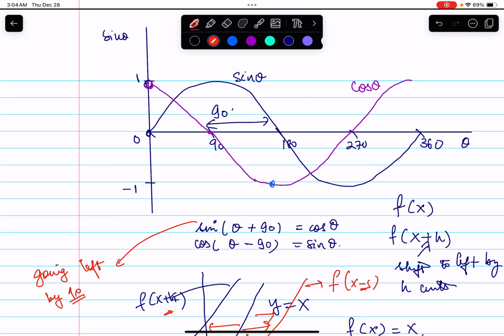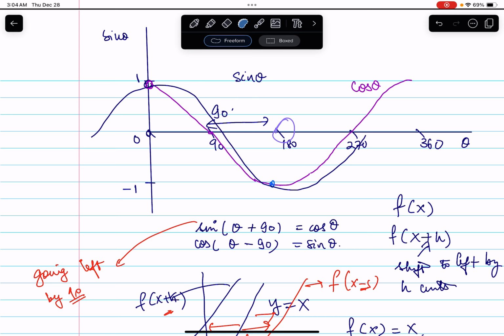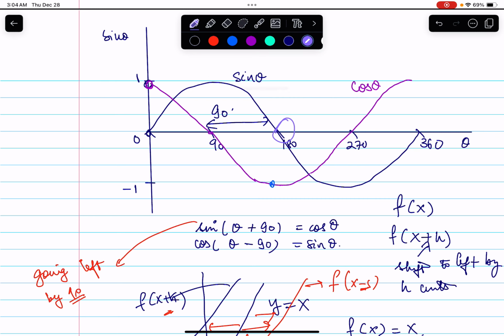I wanted to observe this dot over here. At this dot, I am at 180 degrees. Now if I go to the left, I go from 180 to 90, so I'm going to the left by 90 degrees. Therefore sine of theta plus 90 is cosine of theta.